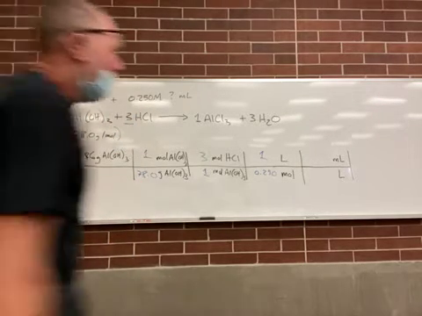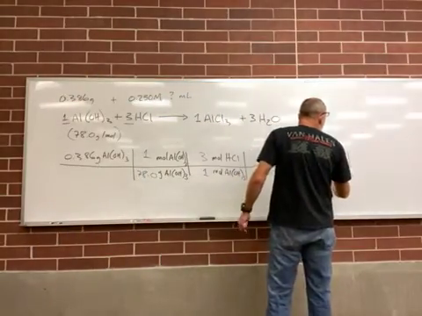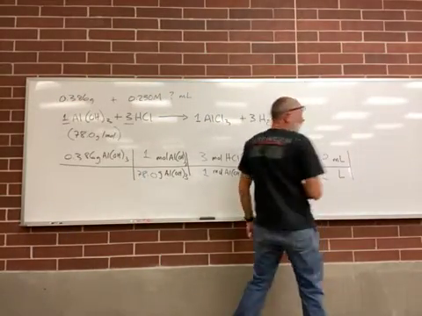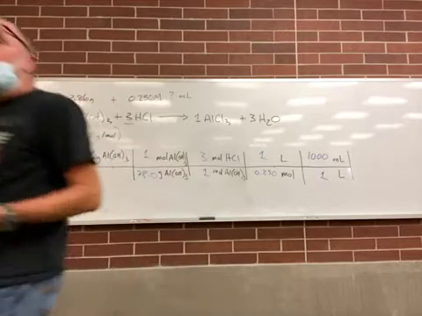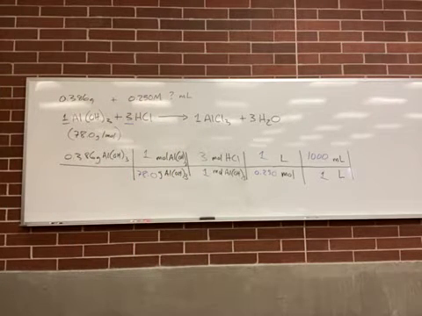Okay? And I know 1 liter is 1,000 milliliters. Any questions on that? I think that should be pretty straightforward setting that up. On Wednesday, I kind of broke them down just so you can see the logic of it. This is putting it all together in more of what we've been doing with our dimensional analysis.